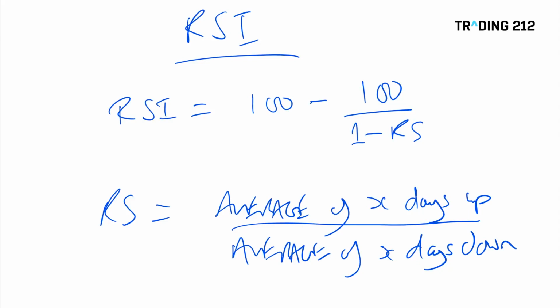So we have an average of the points gained when the market went up. And of course, the inverse applies down here. If out of the last 10 days, the market went down for 4 of them, the number of points lost in those 4 days are added up and divided by 10, and we end up with an average. Once this gets plotted on the chart, we always have a value between 0 and 100%.